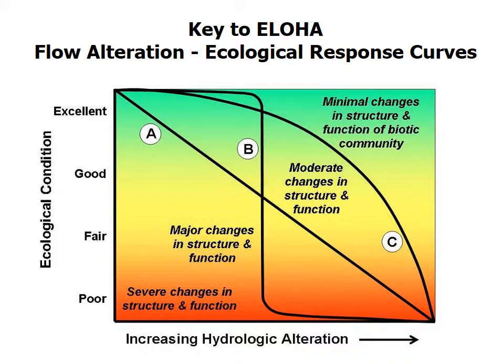And the interesting thing to bear in mind is that the relationship between alteration and ecological condition can take a number of forms. We can, for example, in A, see that it's a fairly linear relationship. As alteration increases, there's a fairly consistent decline in condition over time. However, we may have cases with particular types of rivers or particular parts of the ecosystem where the response is very different, where there doesn't seem to be much change in condition for some time, for example, in relationship B, but then very suddenly we have a severe or abrupt change in ecological condition from very good condition to a far more degraded state.